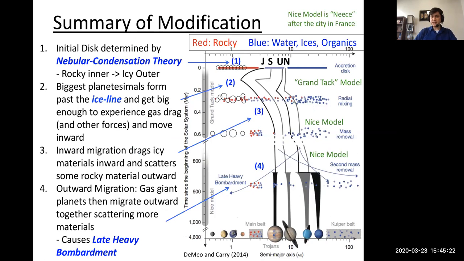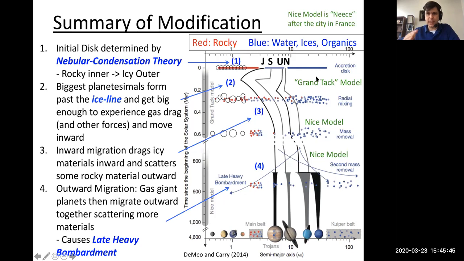If you're curious to look up details, now I have the specific models that are trying to describe this specific behavior. Take this general picture and make it a little bit more specific. So this initial inward migration where Saturn saves Jupiter from becoming a hot Jupiter is described by what's called the grand tack model. It's a sailing reference, like tack into the wind.